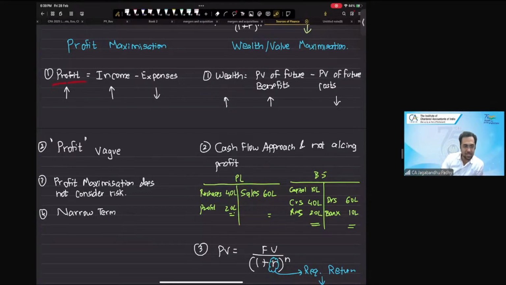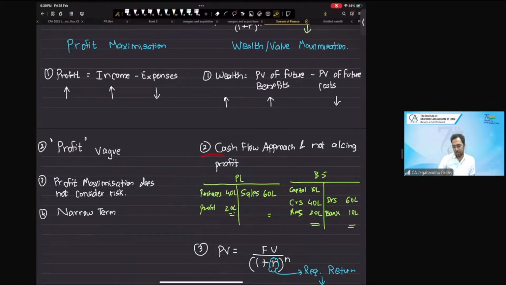But in the case of profit, it's just for that one particular year. Profit is definitely a vague term because it is income minus expenses, and these are subject to fluctuation and value differences because of the estimations when we prepare the balance sheet and P&L.